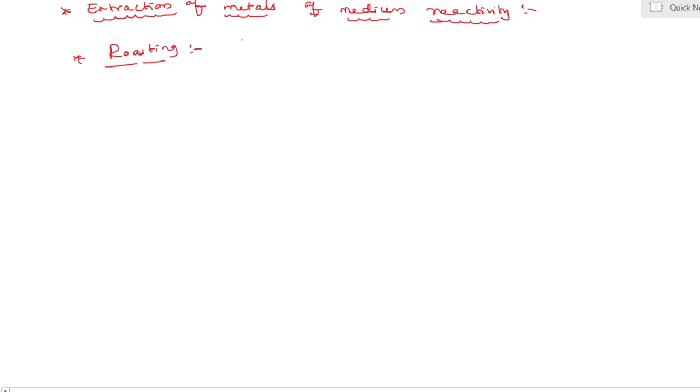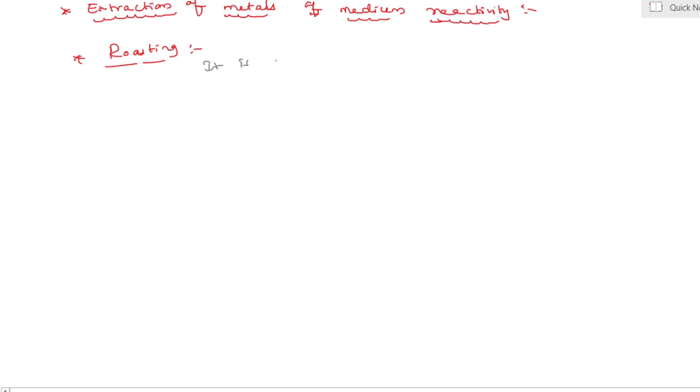Yes, what is meant by roasting? It is the process in which sulfide ore is heated below its melting point in the presence of excess air to convert it into metal oxide.